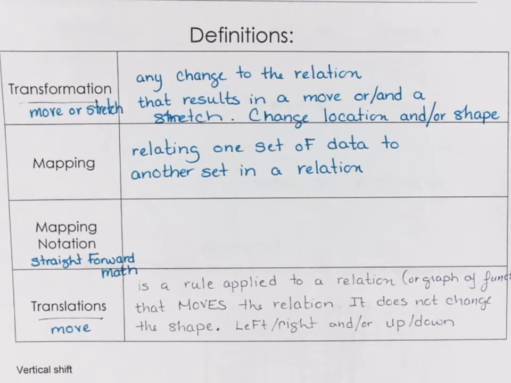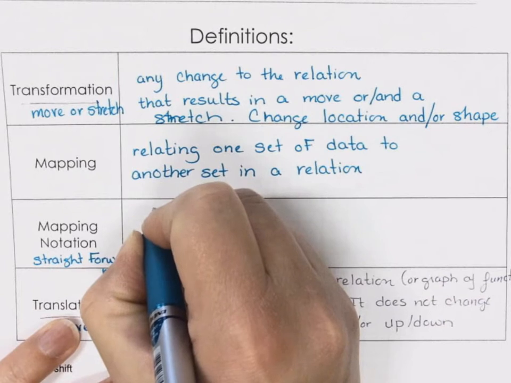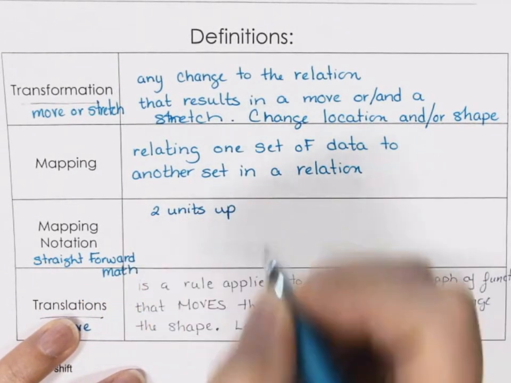So what am I going to do to all my values of Y? Add 2. If I was at 10 and I want to move that 2 units up, where am I? I'm now at 12, right? So it's straightforward math, and this is the mapping notation.